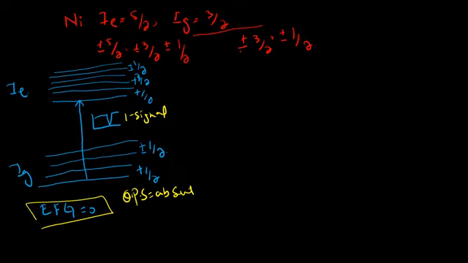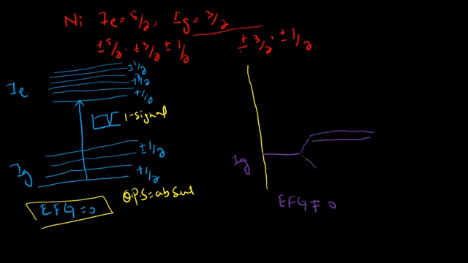So now we go to the case when quadrupole splitting is present. When quadrupole splitting is present, it means that the electric field gradient is not equal to 0. Then there is a split in the ground state and the excited state as well. So the ground state will be split like this one.